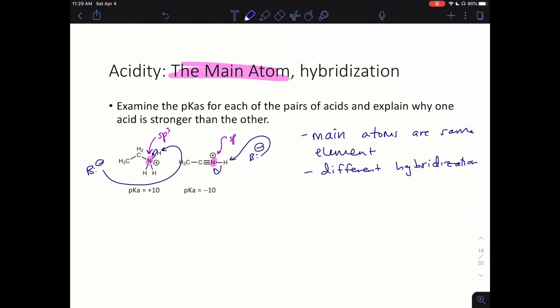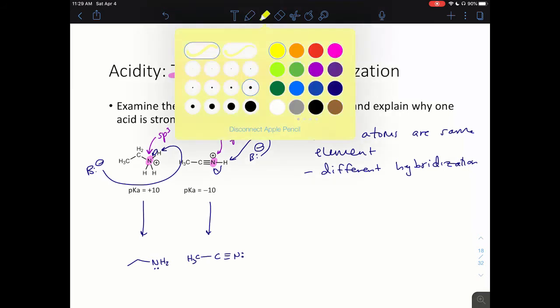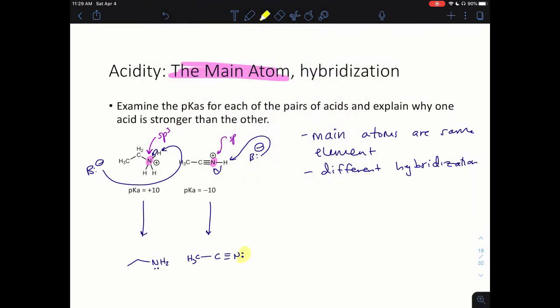Let's draw the conjugate bases. Both of the conjugate bases are neutral. So that's good. Well, why in the world are the electrons on this nitrogen, in this molecule called acetonitrile, so much more stable than these?